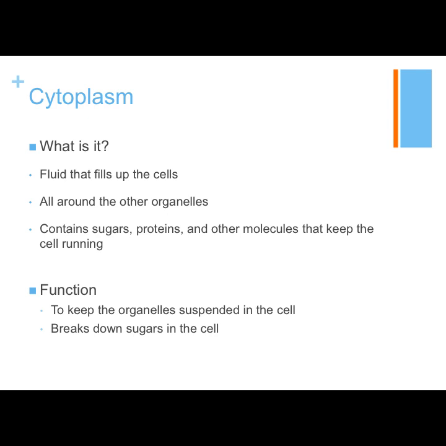Next we have the cytoplasm, which is essentially all the fluid that fills up the extra space in the cell between the organelles. It contains sugars and proteins that the cell uses for fuel, and it keeps the organelles suspended in the cell.